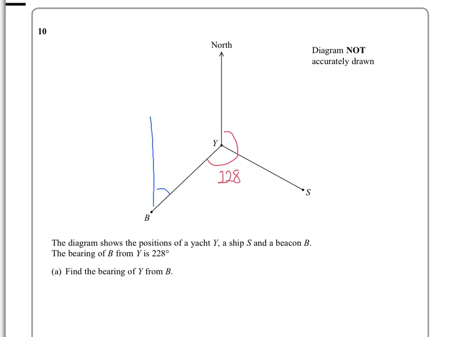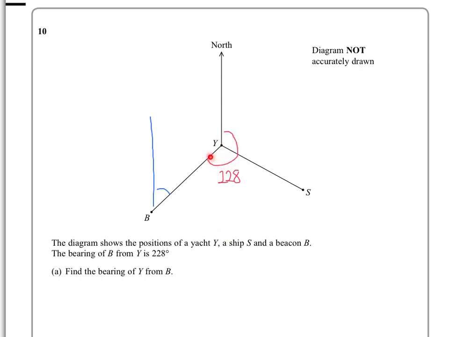So the way that we work this out is using Z angles. And what Z angles tell us is that if this line is parallel to this line, then this angle, just this bit here, will be the same as this one here. Well, we know that this whole angle is 228. We also know if we were to continue this down like that, that would be 180 degrees.